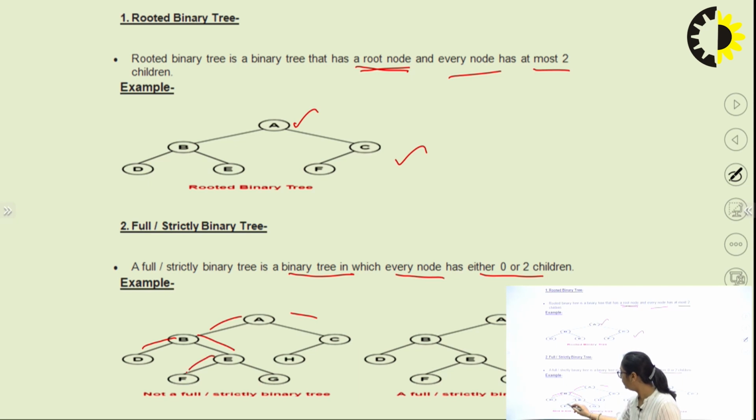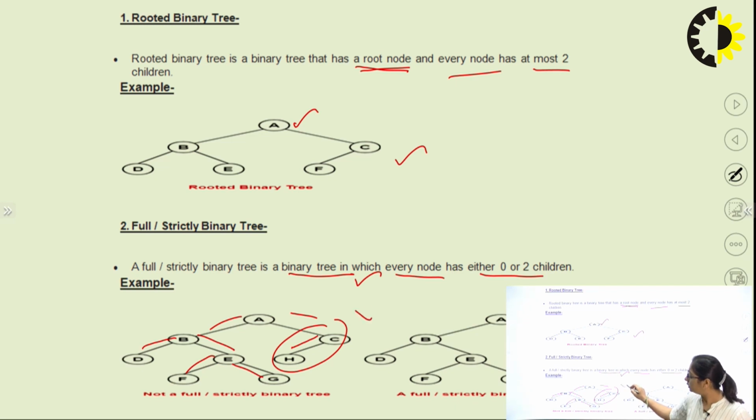This is 0 children, 2, and this is 1. So this is a contradiction to the definition of a strictly binary tree. So this is not a full binary tree. This is a binary tree but not a full or strictly binary tree. But here you can see 2 children, 2 children, 2 children. So this is a full or strictly binary tree.